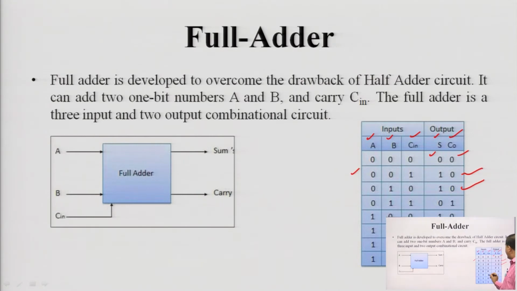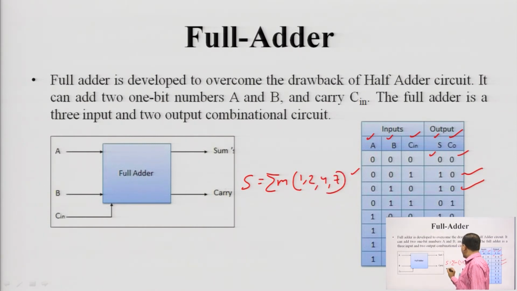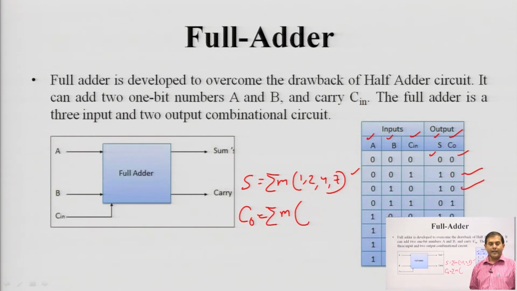Like that we will form the truth table for the full adder circuit, and ultimately the equation for sum will be summation of minterms 1, 2, 4, 7. For 1, 2, 4 and 7 we get sum as 1. Like that for C out we will have the equation summation m 3, 5, 6 and 7.